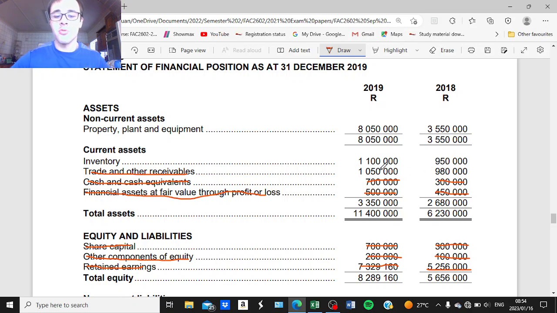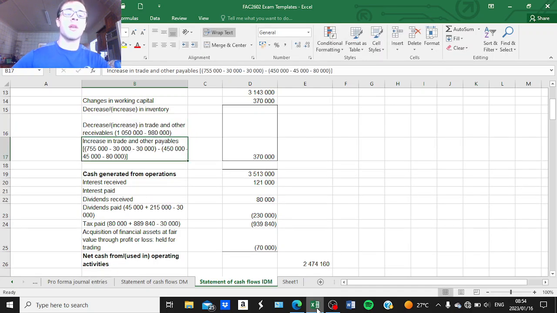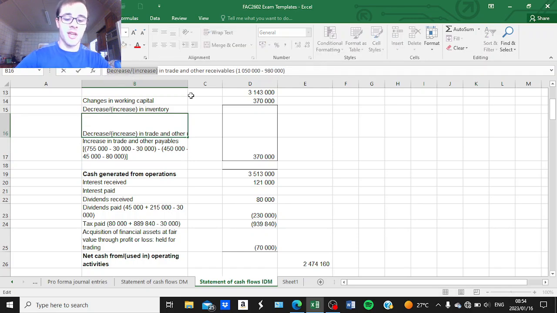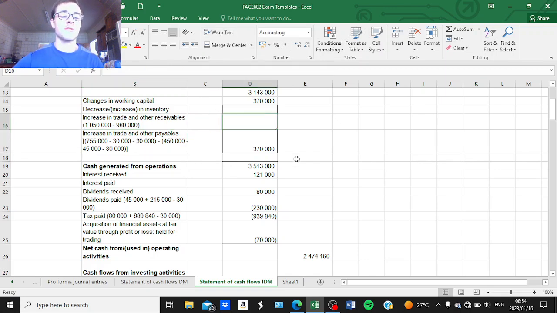If you compare the two balances, you will see that there was an increase in trade and other receivables, which we will show as an outflow, because it implies that there were fewer debtors who settled their accounts during the year. So the company has received less funds from its debtors. Okay, the increase in trade and other receivables is 70,000, which is shown as an outflow.